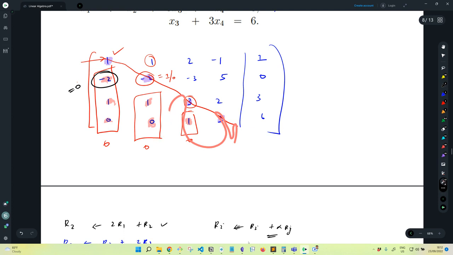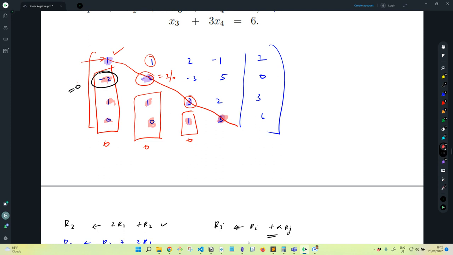Now, when adjusting, one important step is you should not undo an adjusted entry. Let's say you are adjusting this entry here. When you are adjusting it, this adjustment operation should not affect whatever work you have done in the earlier part of the matrix.